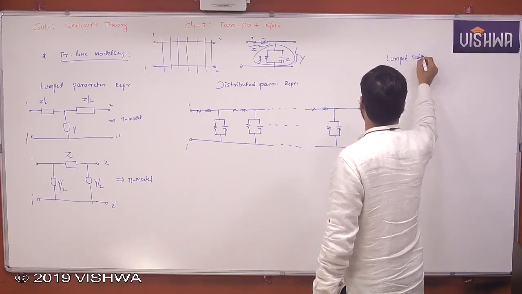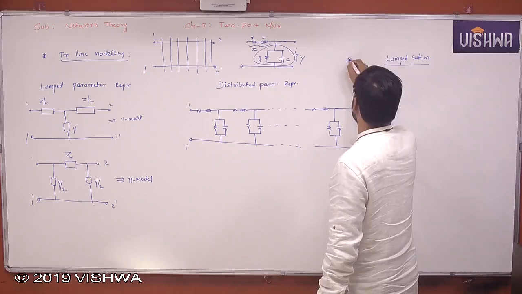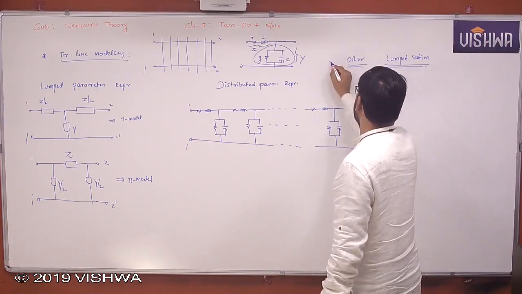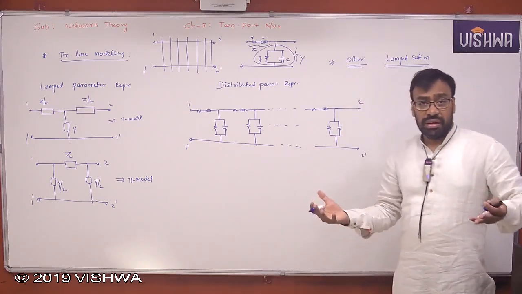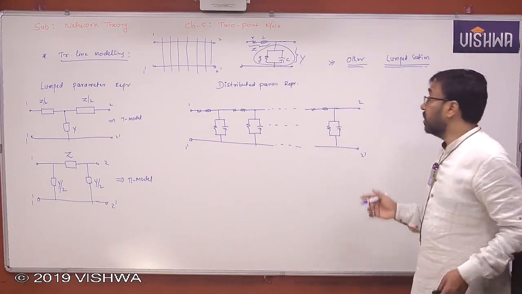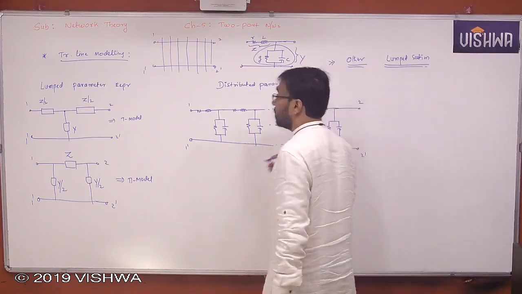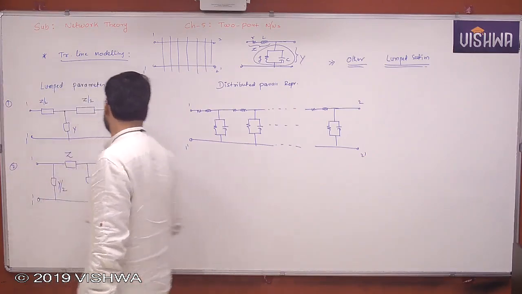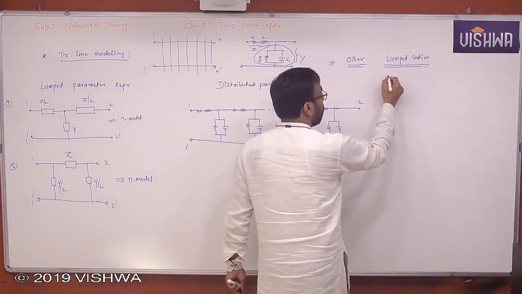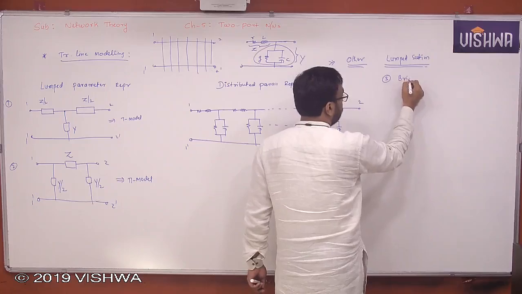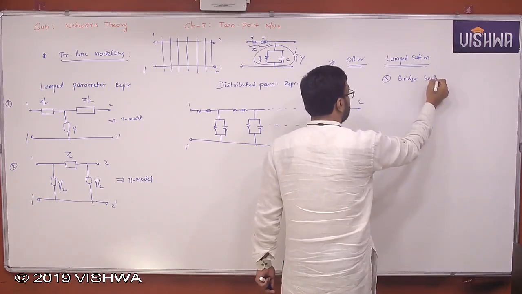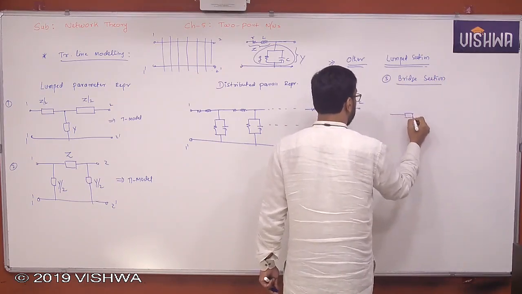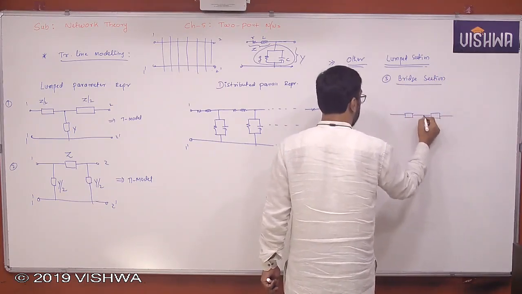Okay. So the other types of lumped sections, not only T and pi. It's not related to the transmission line, but you can model different other systems. The third one, after the T section and pi section, is the bridge section. You mostly use the bridge section or bridge model in filters and attenuators.